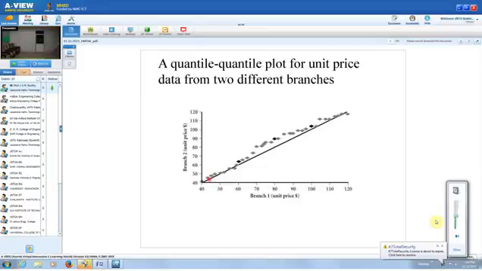For branch 2, the price is about $45 or something. So in that first quantile point, the price in the first branch is around 42, whereas this is 45. So for those items of that quantile, branch 1 is offering a lower price.